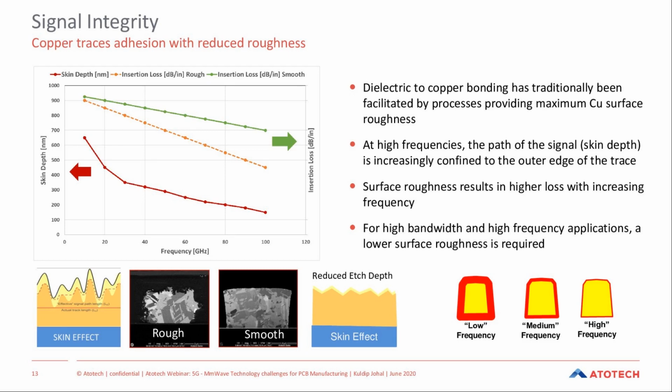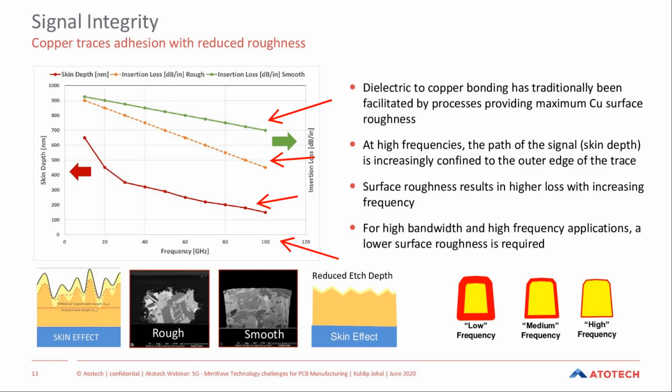If you look at the table here, this table illustrates the impact of trace roughness. So you have a smooth trace, then you have a rough trace, and then you have the effect of skin, and this is all related to frequency.